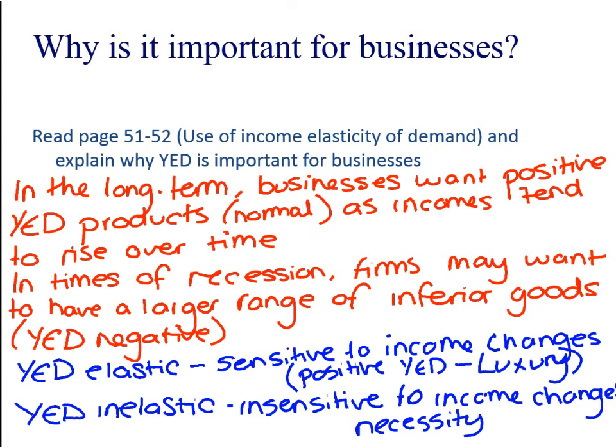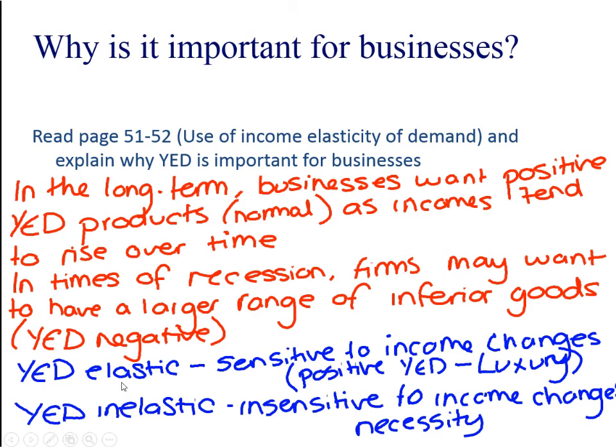However, in a recession, firms may want to have a larger range of inferior goods, because in a recession incomes are falling, and so the demand for inferior products is going to increase. So your YED figure, you probably want it to be negative, and that is why over the last 5 years we've seen greater ranges of budget ranges in supermarkets, and definitely the increase in the number of Aldi and Lidl stores as well.